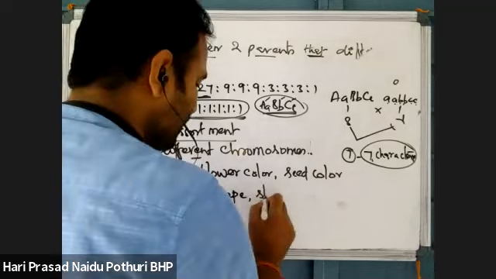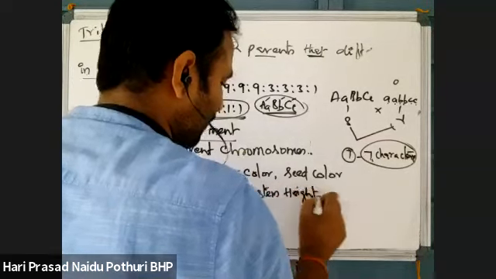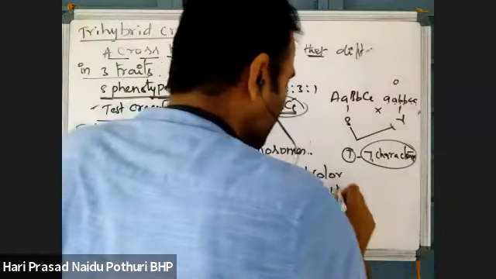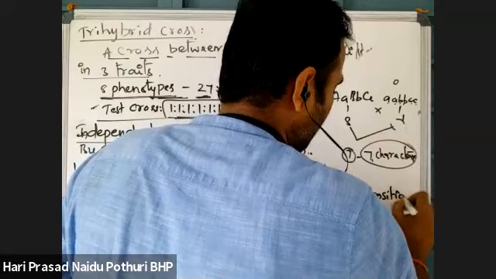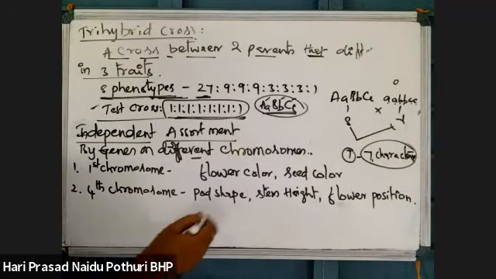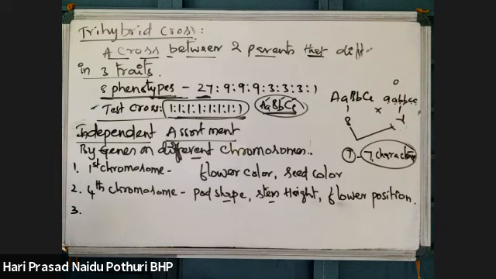And stem height and flower position. These 3 characters are present on the 4th chromosome.